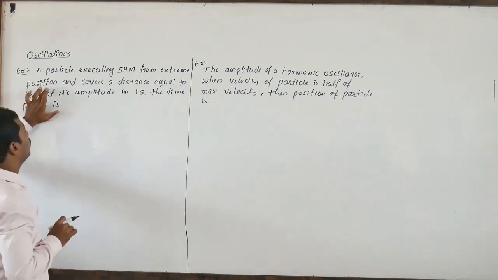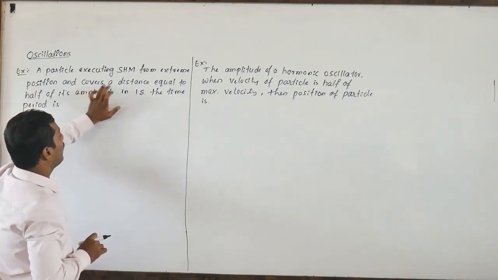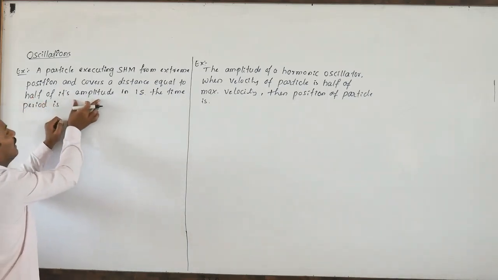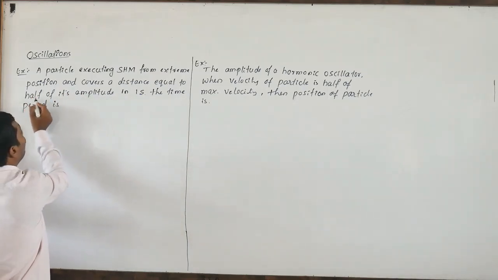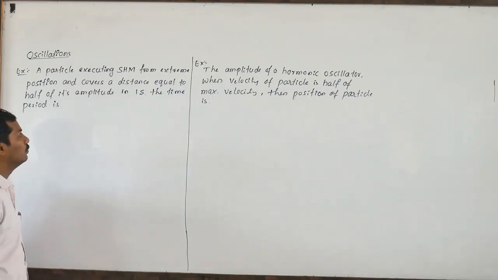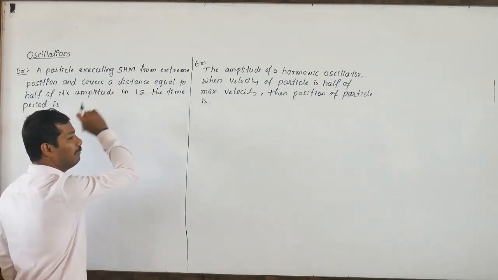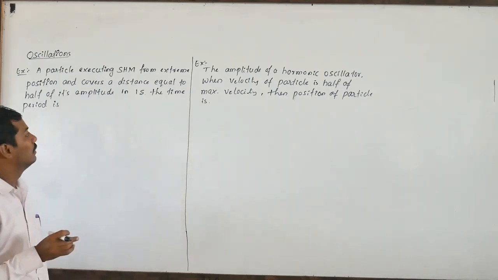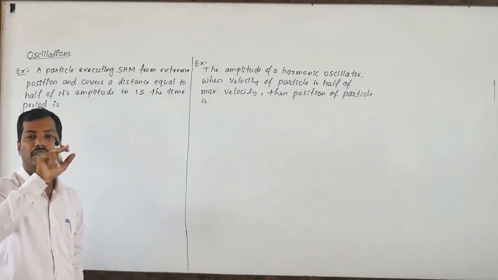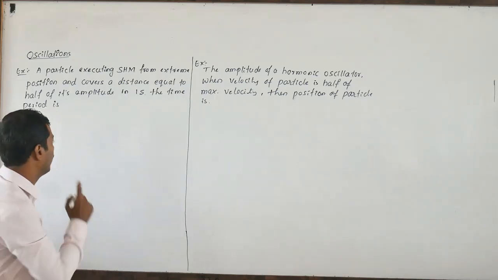The particle covers a distance equal to half the amplitude, a by 2, in 1 second. In 1 second means the small t is 1 second here.